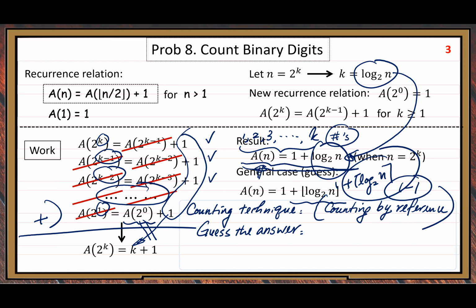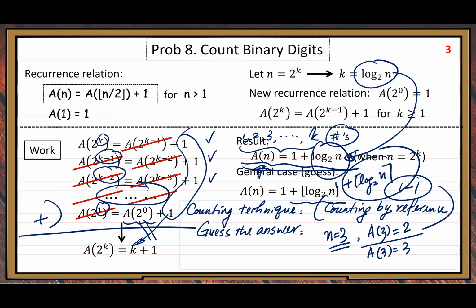To answer this question, that's easy. You just try some simple numbers. Try n equals 3. We use the floor function: f of 3 equals 1 plus 1, that's 2. But if you use the ceiling version, you will get 3, right? 2 or 3.